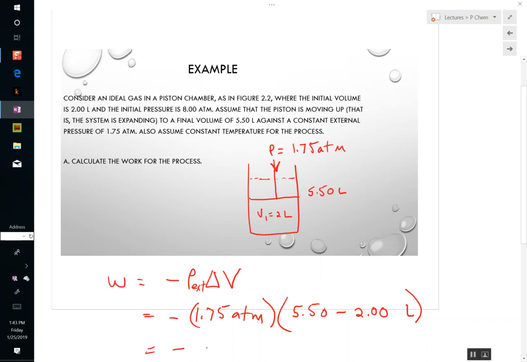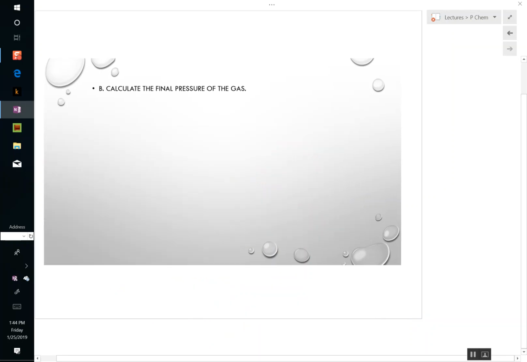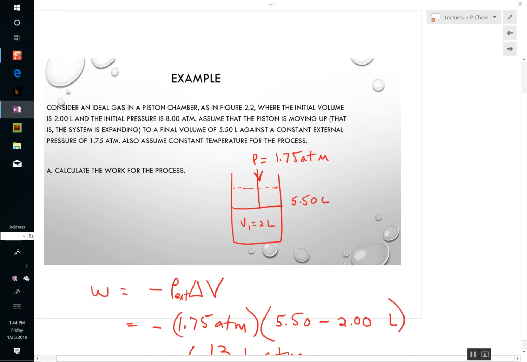And what is it? 1.75 times 3.5? Negative 6.13. And you can see this is where you get liter atmospheres, which then can be converted to joules. So you can do negative work.